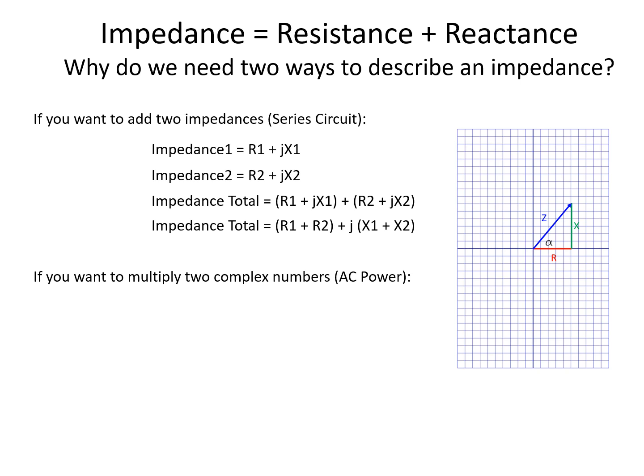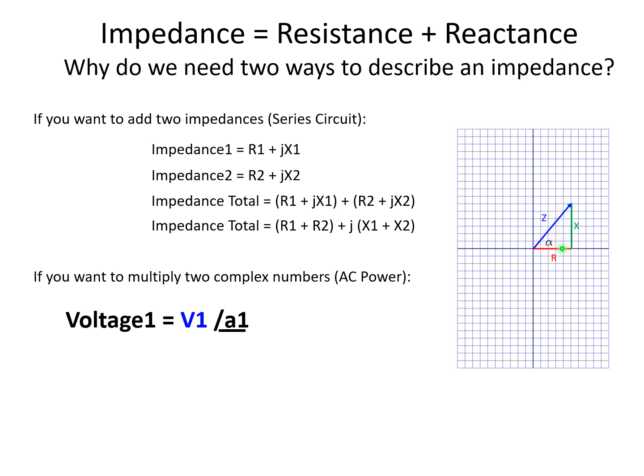Now, the polar coordinate system is used if, say, we want to multiply two complex numbers in AC power. An impedance is a complex number, voltage can be a complex number, current can be a complex number, meaning that it has a magnitude and an angle. It can be described as a magnitude at a particular angle.